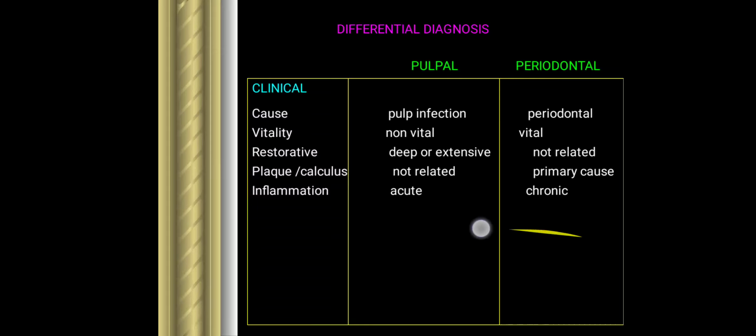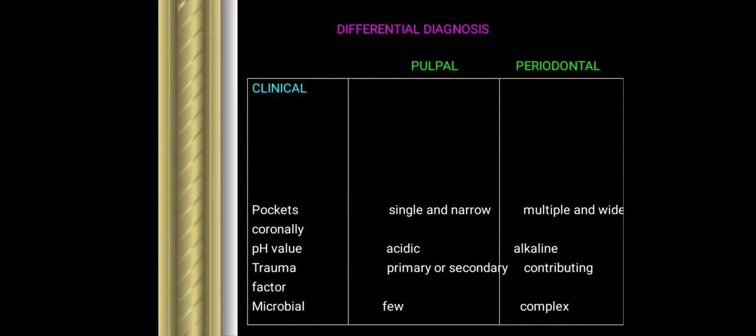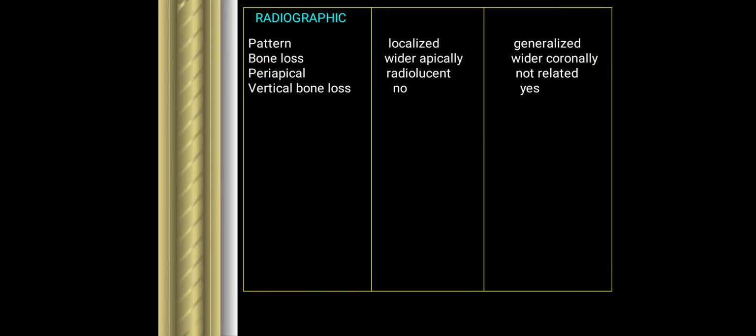Pocket formation will be in a single tooth and narrow in pulpal disease, and multiple tooth involvement and a wide lesion will be there in periodontal disease. The pH is acidic in pulpal disease and alkaline in periodontal disease. Microbial presence will be few in pulpal disease and complex in periodontal disease.